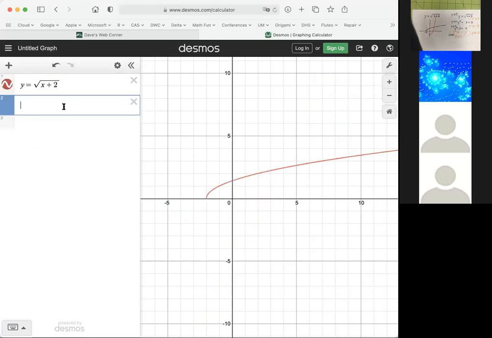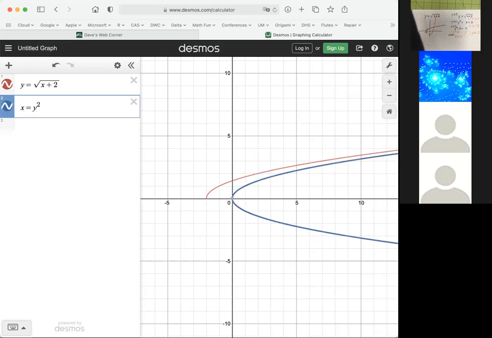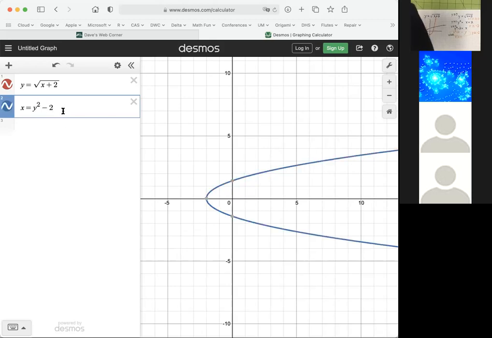And if I say x equals y squared minus 2, what do I get? A parabola sideways on top of the square root. But if I further say that y must be greater than or equal to 0, then that parabola is only the upper part.